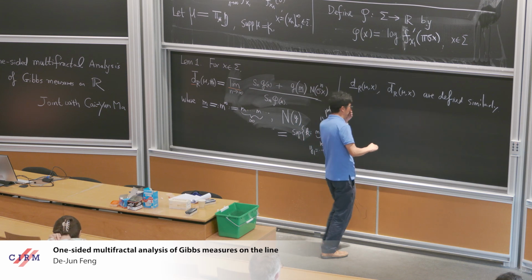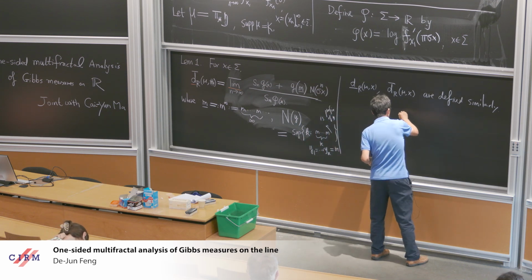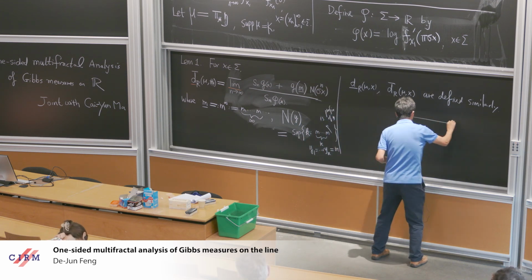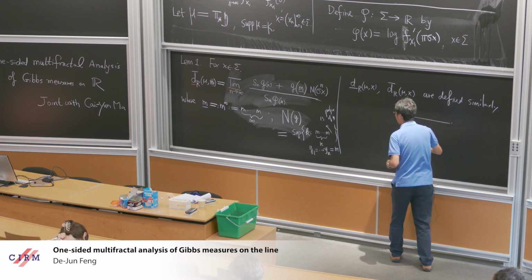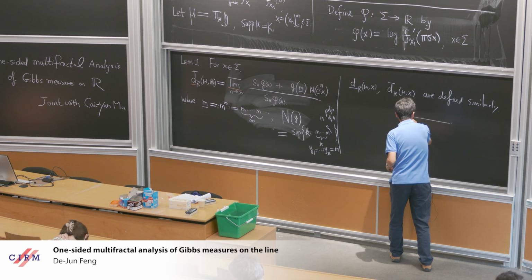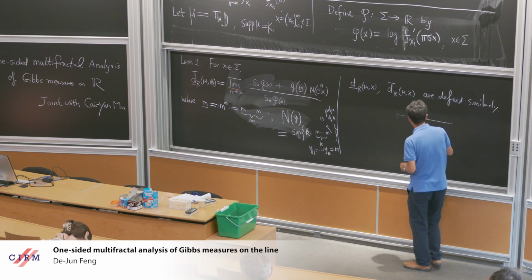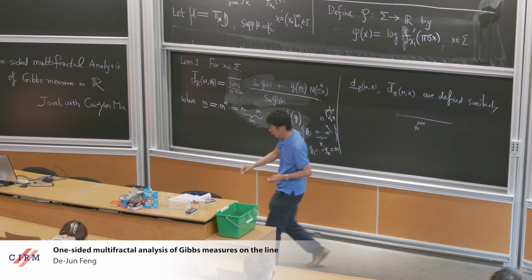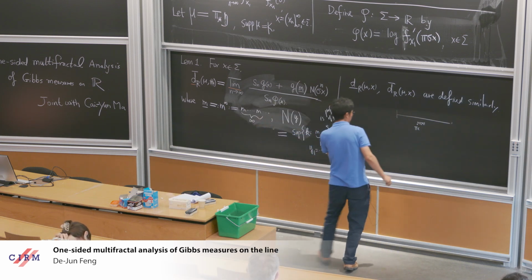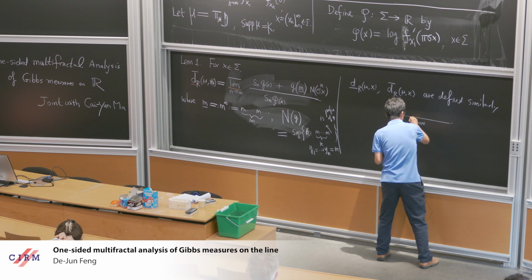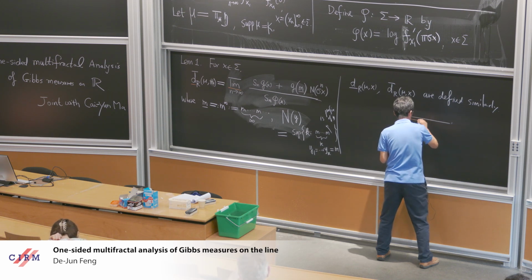when you consider the one-sided point here, suppose this is pi x somewhere, and you consider one-sided pi x plus r. So you will first look at in the nth step pi x in some cylinder in the symbolic space.